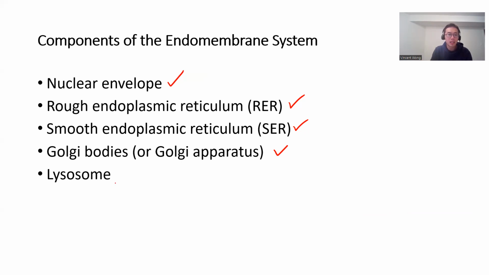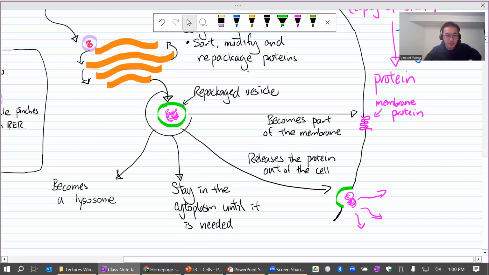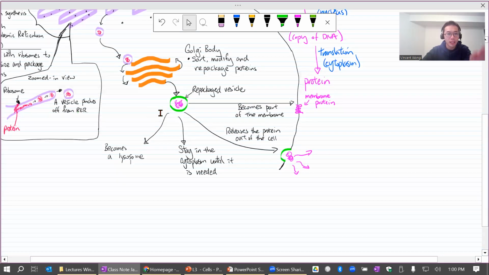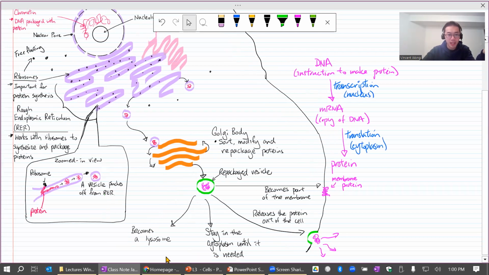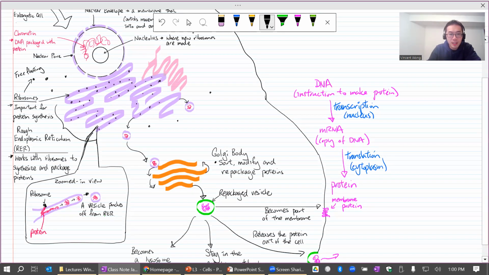And then there's this thing called the lysosome, which I haven't told you much about, except that sometimes these vesicles can become the lysosome. I'll tell you what it does later. Basically everything we've drawn here is part of the endomembrane system: the nuclear envelope, the rough ER, and this pink stuff here, which we should label now.